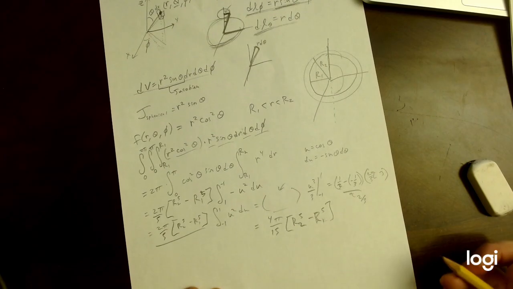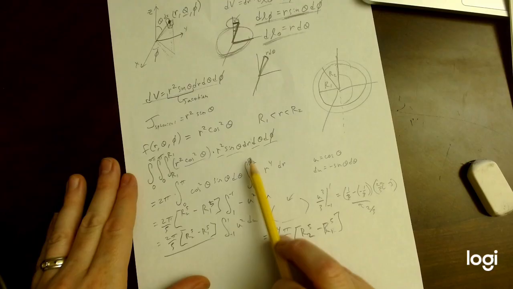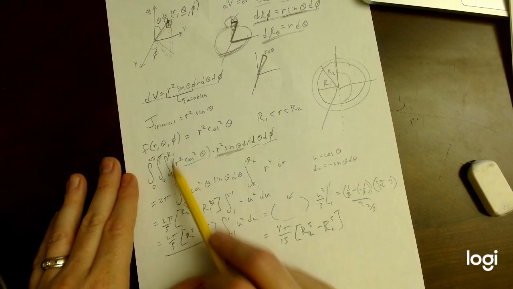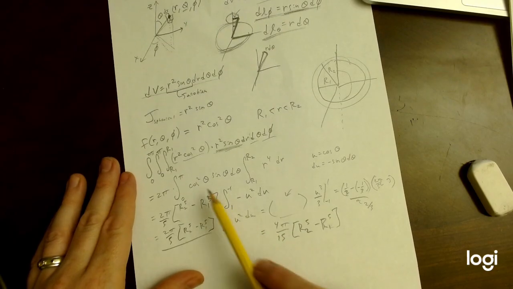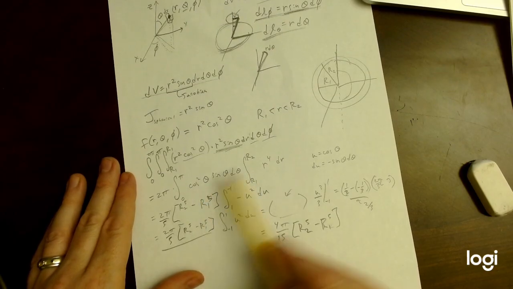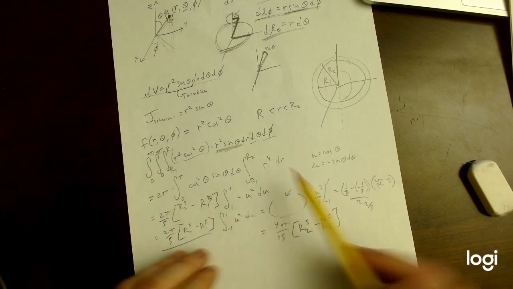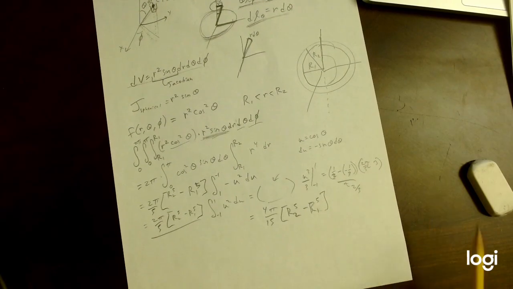Nope, I got that wrong, it's r2 to the 5th minus r1 to the 5th. And then that would be our final answer. So the main pieces here were to remember this Jacobian, applying my correct limits of integration, and realizing that this was separable, so we could put all the thetas over here and all the r's over here, and then it becomes just a bunch of relatively simple integrals that we can do.